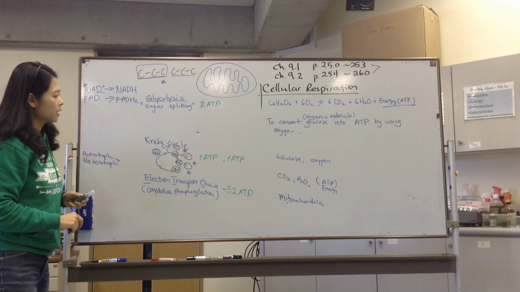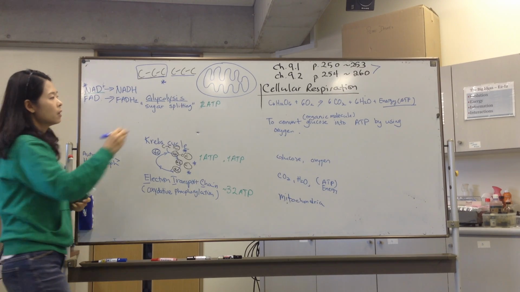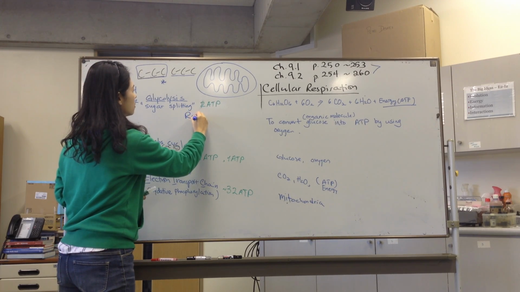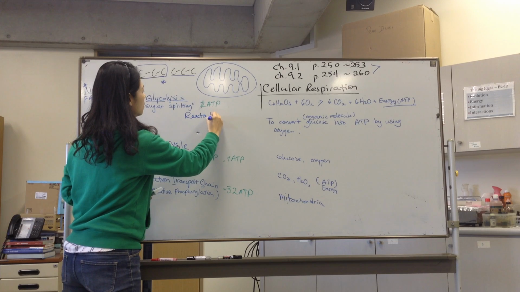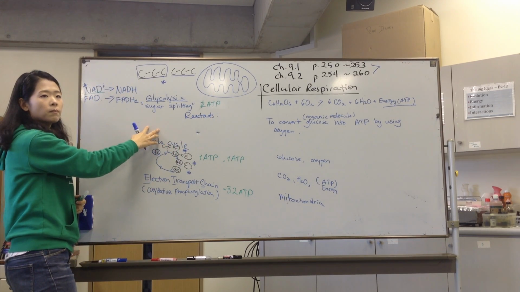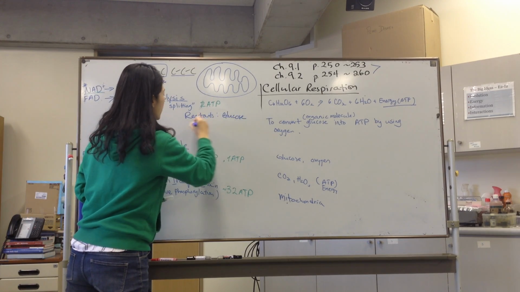All right, let's keep track of the reactants and products. What are the reactants here? What started the glycolysis? Glucose. Product.